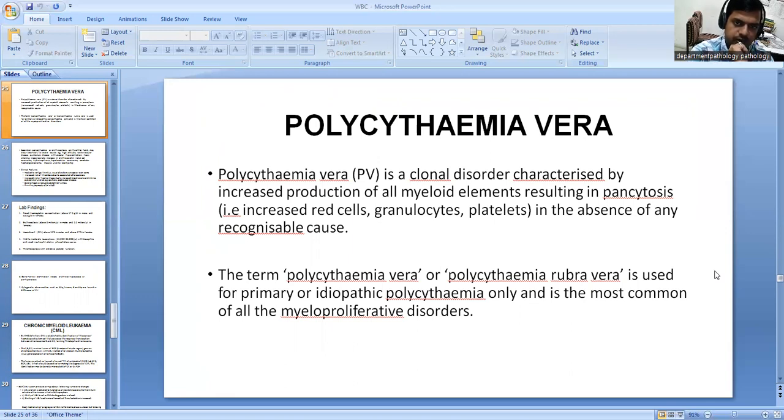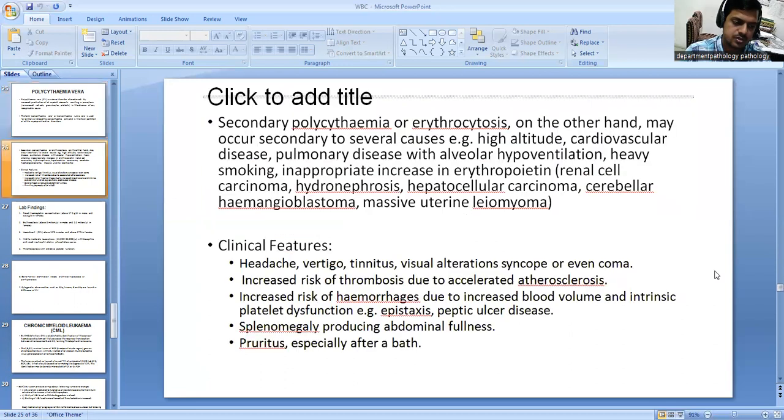The term polycythemia vera is used for primary polycythemia and is the most common of all myeloproliferative disorders.